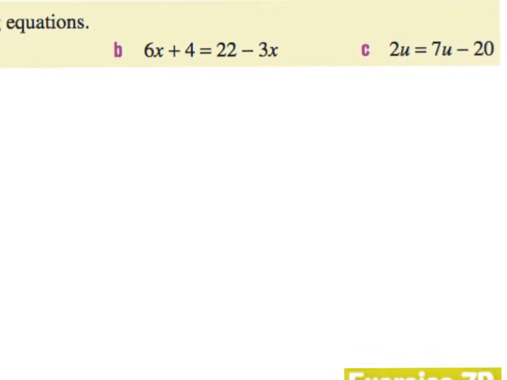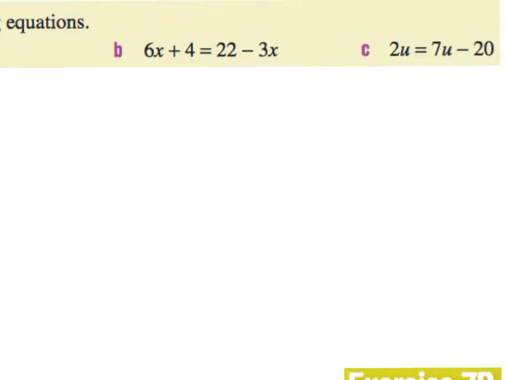Same thing, we have unknown values on both sides. So what we need to do is get rid of values on only one side. Negative 3x, 6x. I want to take away the negative 3x on this side, and at the same time I'm going to get rid of the plus 4.